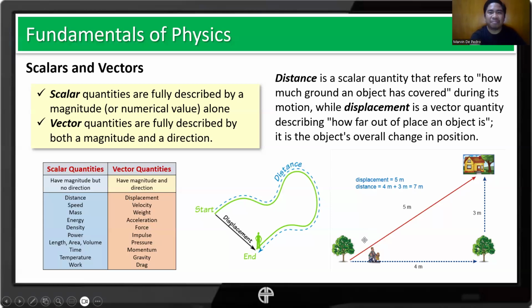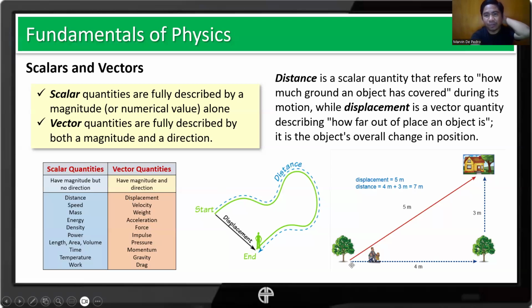That's why displacement is also related to what military people call the air distance. Distance only is the ground distance for the military people, while displacement is the air distance. Imagine if you're riding a plane, there's no need for you to go through this path.